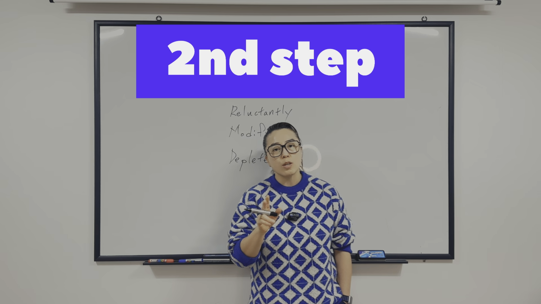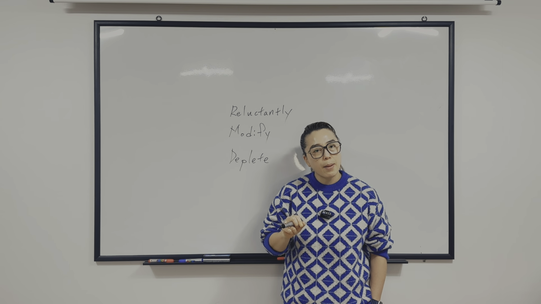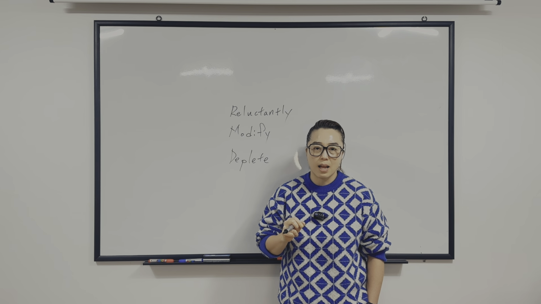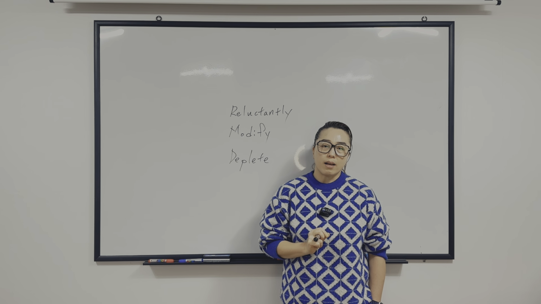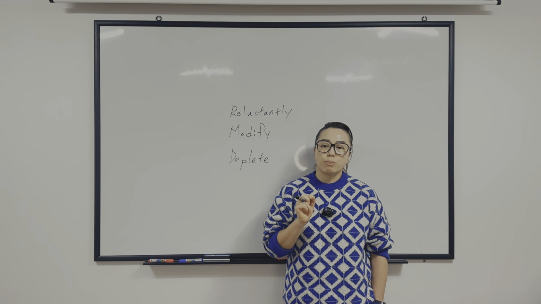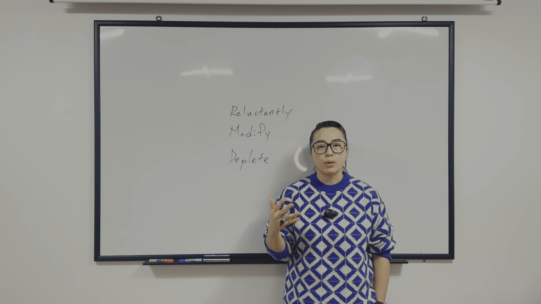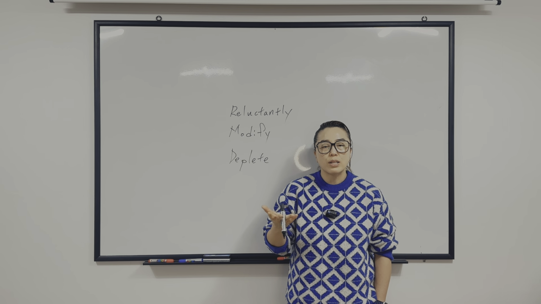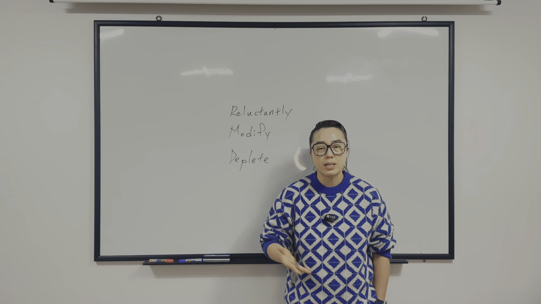And secondly, you need to write them down. Write them down on a piece of paper at least 5 or 6 times until you get it. For this practice, you will eventually use those words in the future when you write an essay or an email, or make a PPT.